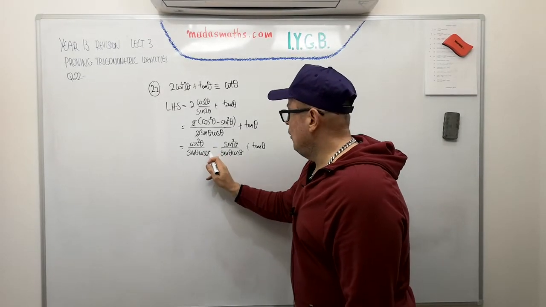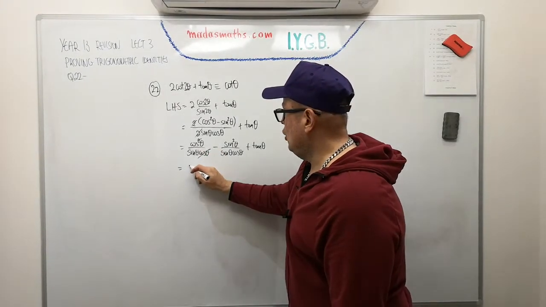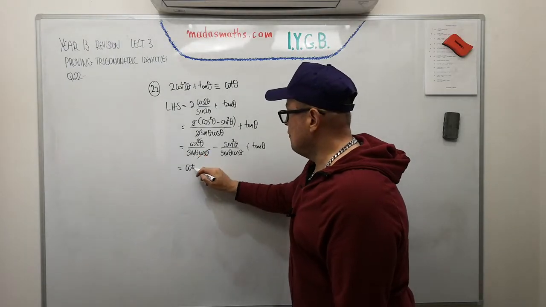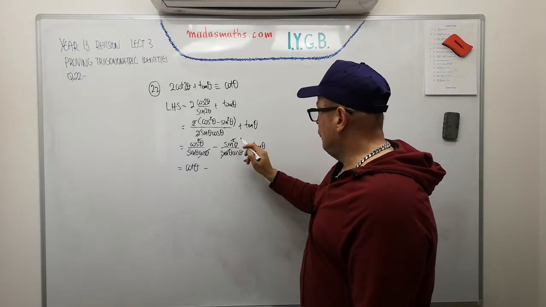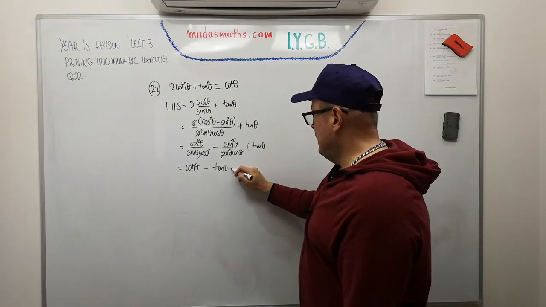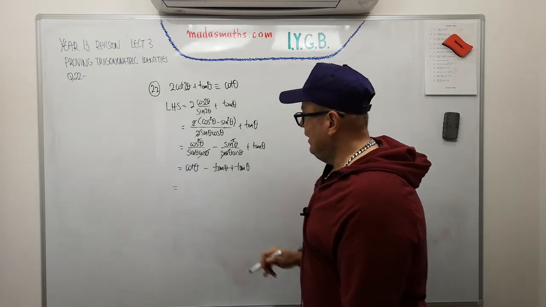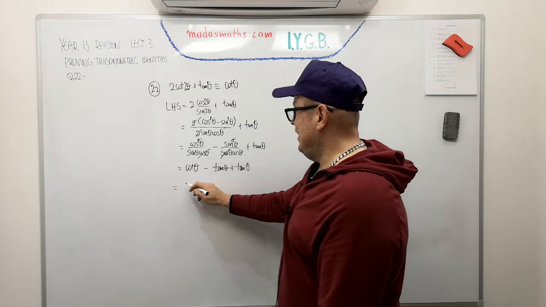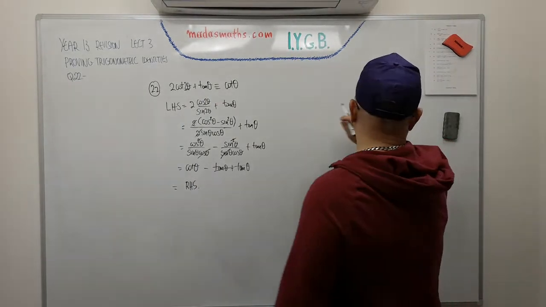Some cancellations. Cos gone, squared gone, so that would leave me the cot. That's a cos over a sine, of course. Minus sine, goodbye, squared's gone, sine over cos. This is of course a tan plus a tan. I don't even want to write this because I have to rub it off in 10 seconds. Is equal to cot theta, which of course is equal to the RHS. It wasn't that bad, was it?